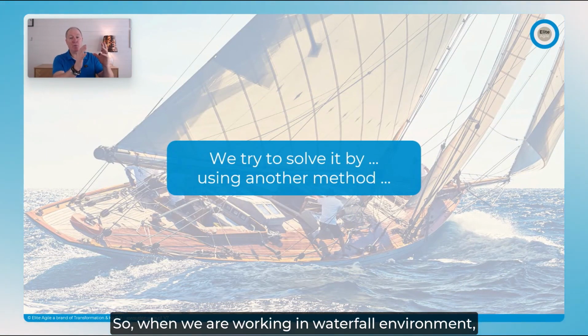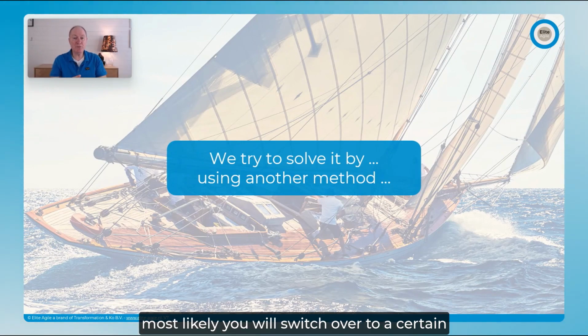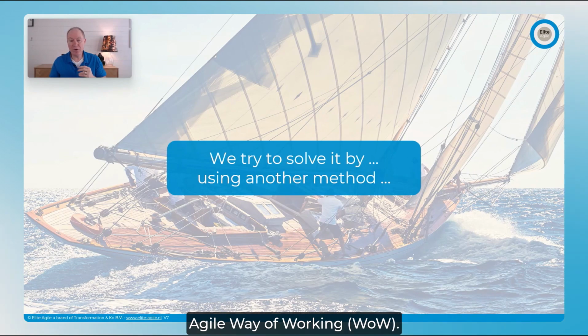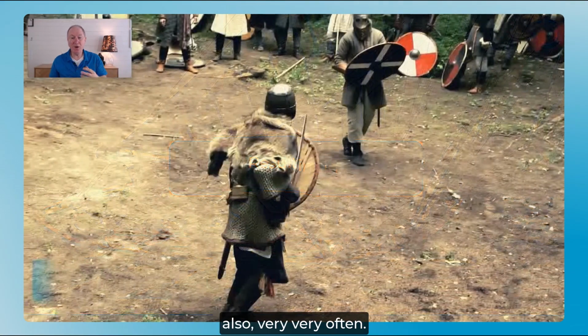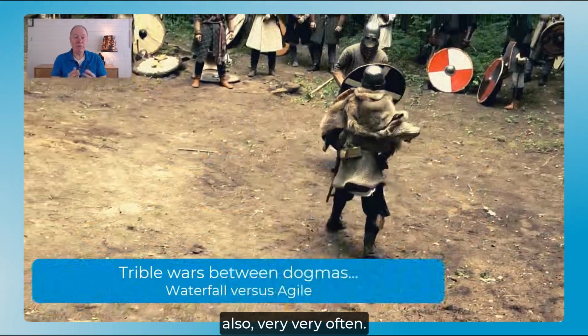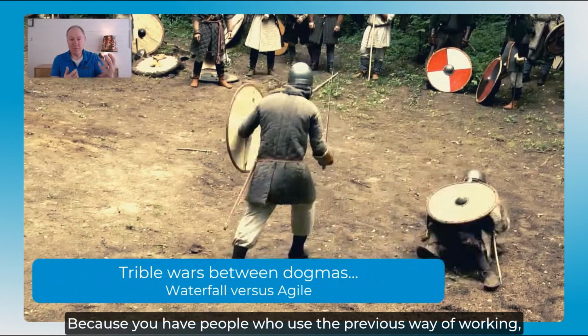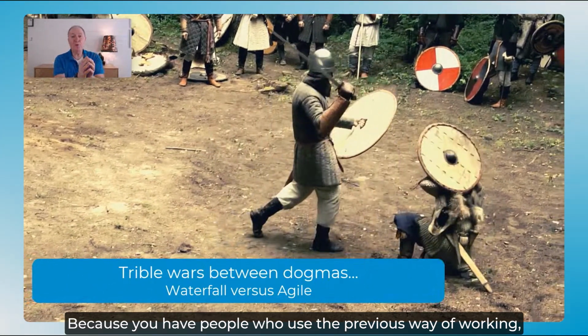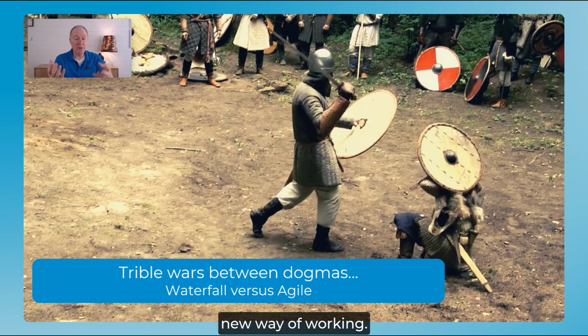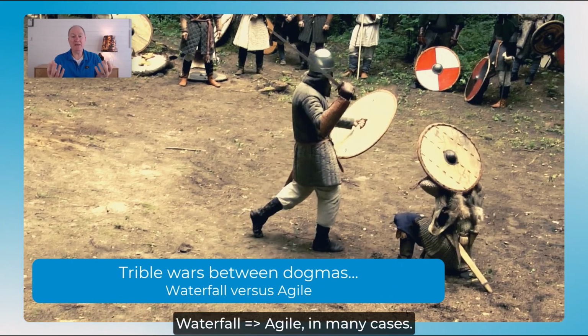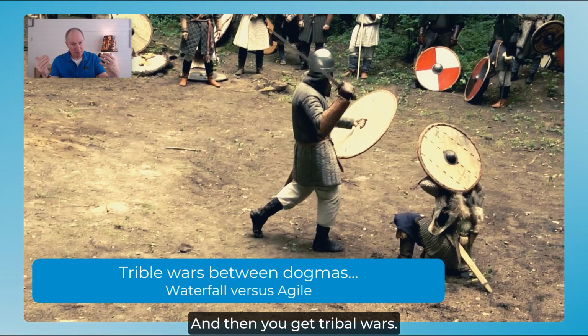So when we are working in a waterfall environment, most likely you will switch over to a certain agile way of working. That in itself also can cause problems. And I see this happening also very, very often. And that is tribal wars, because you have people who use the previous way of working and people who are in favor of the new way of working, waterfall, agile, in many cases. And then you get tribal wars.